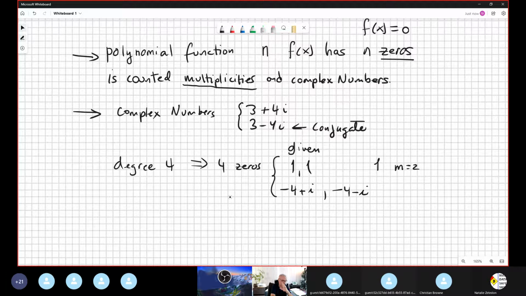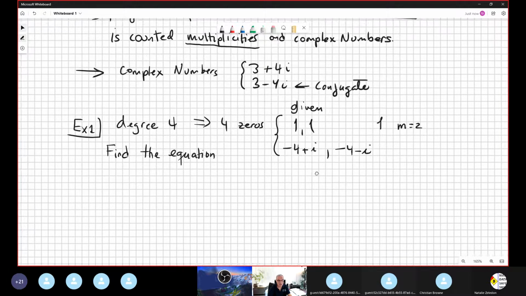So, in this example that I create for you, let me call it example 1. I need to find the equation. This is a relatively easy problem, but this is important. In the ALEKS, you can see some questions similar to this. It's easy, but it's a little bit long.